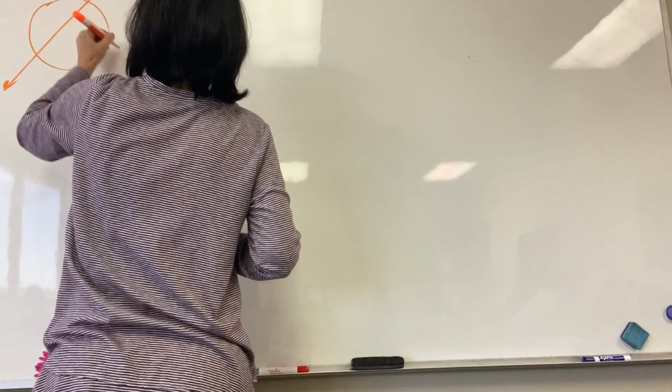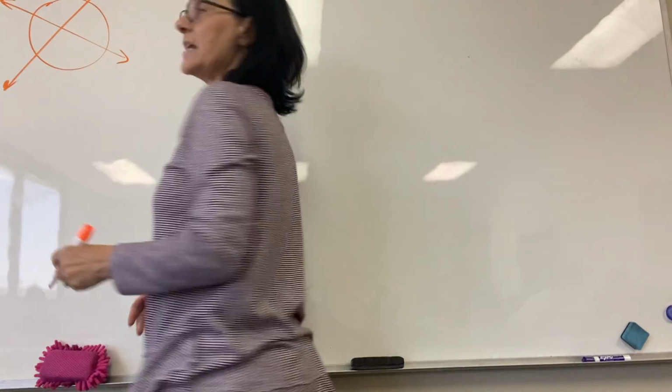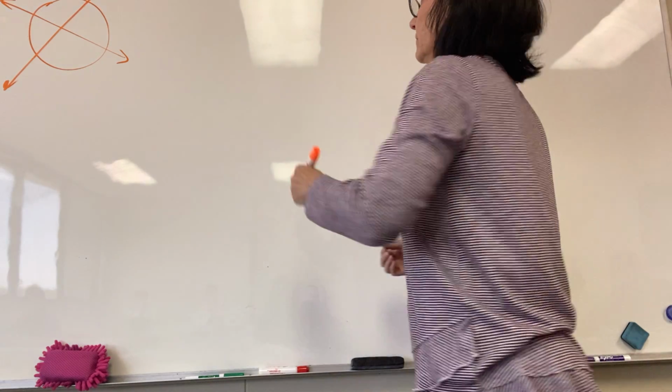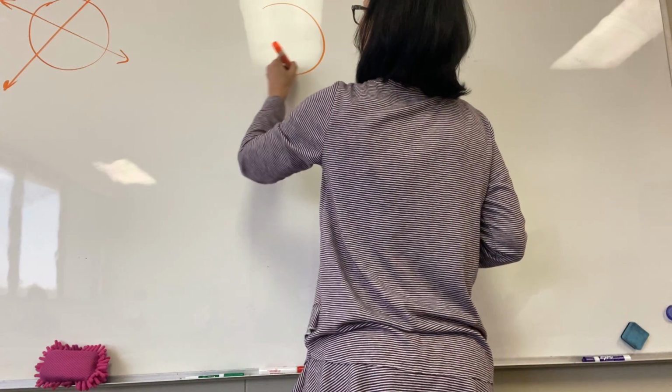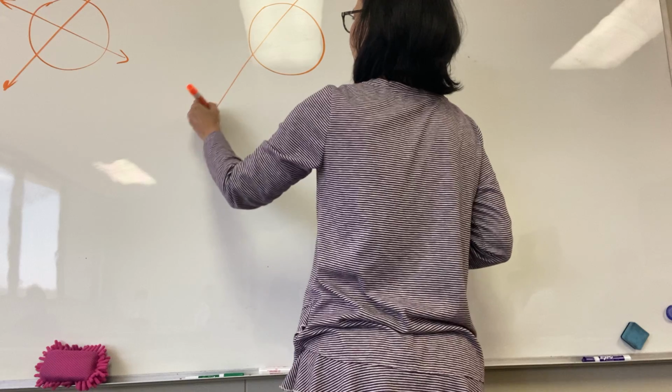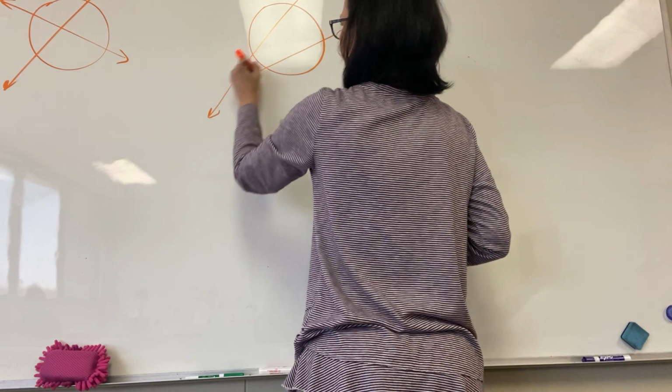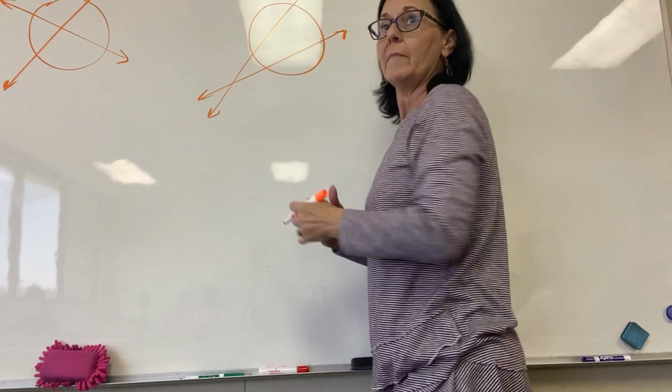If I have two secant lines, they can intersect inside the circle, or they could possibly intersect one another outside the circle. Make sense?